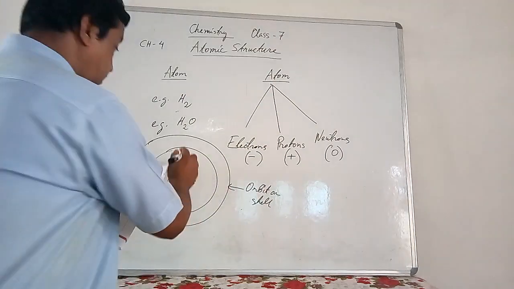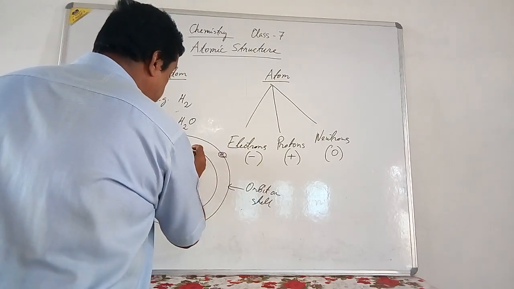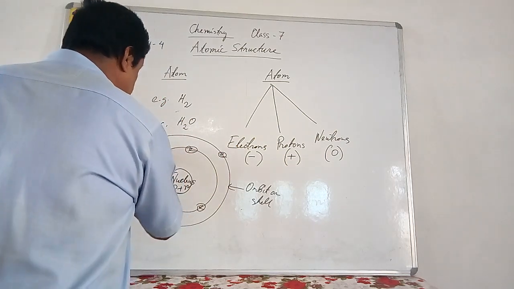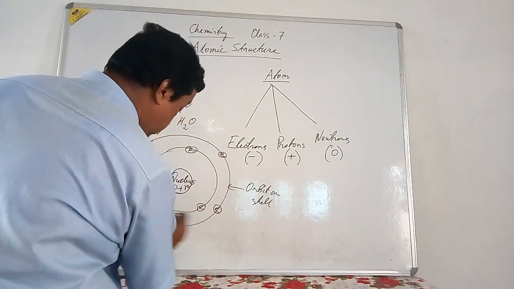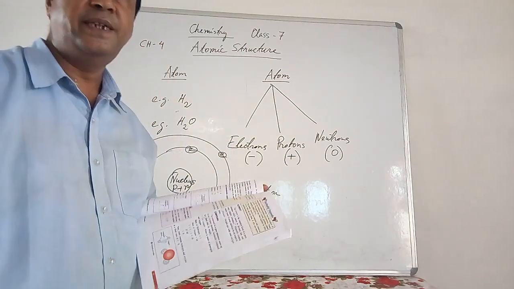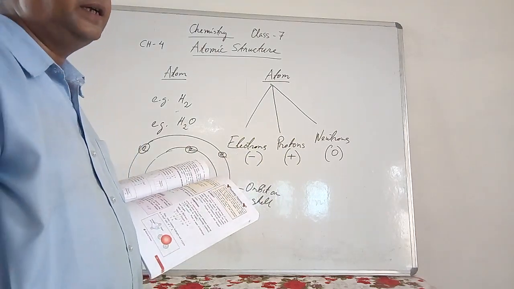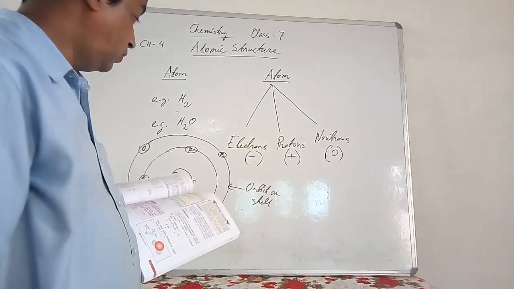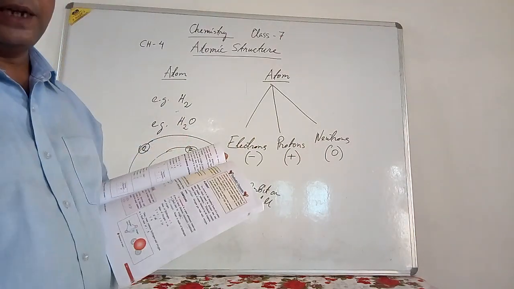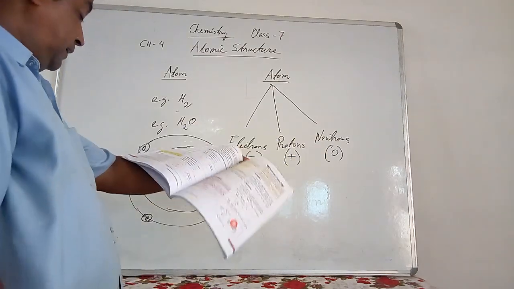Around it there are electrons, revolving around the nucleus in an imaginary path, which is known as orbit or shells. So what is an orbit? The imaginary path in which the electrons revolve around the nucleus. And the center of the atom is known as the nucleus. So this is about the structure of the atom.